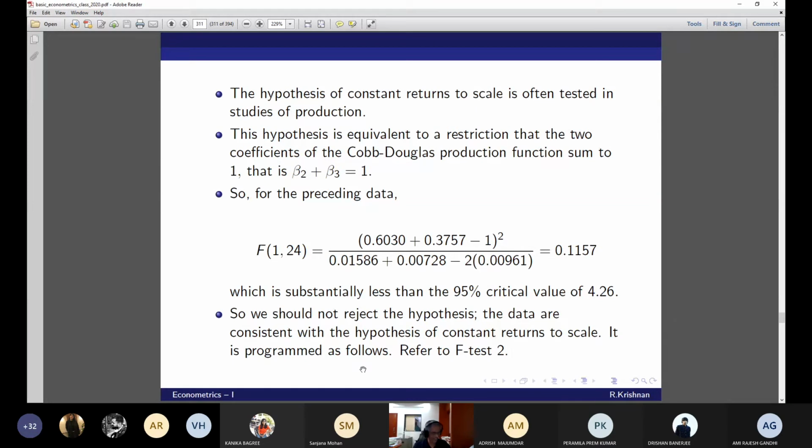How would you calculate the T stat now? Either by the formula or by the square root of this F stat. Go through the formula. You should be able to replicate this number, 0.340227.